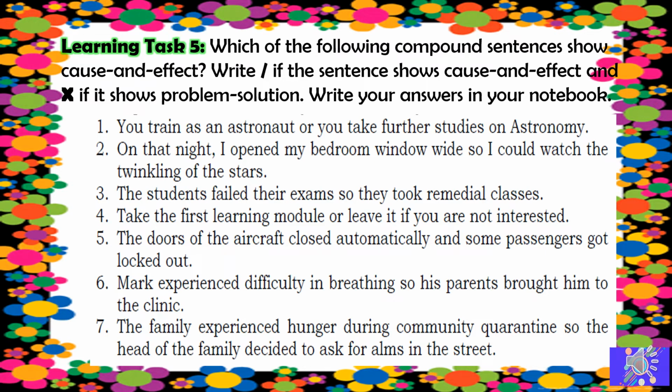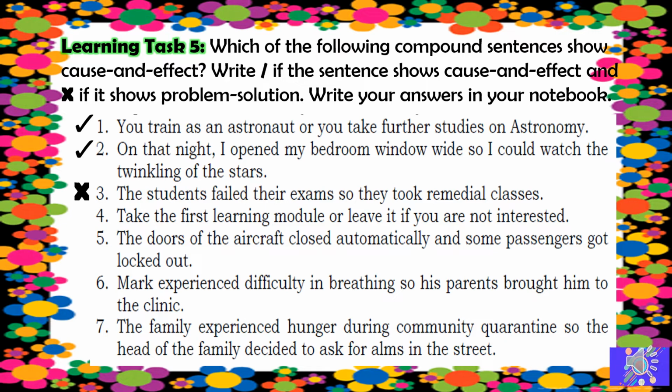Okay, so let us answer learning task 5. For number 1, the answer is check. This is a cause and effect, or it shows cause and effect. Number 2, the answer is still check. This is a cause and effect. And number 3, this is a problem solution.